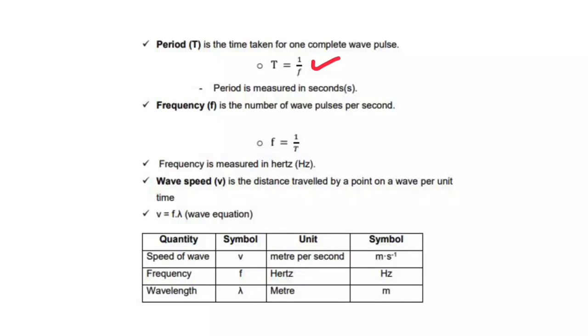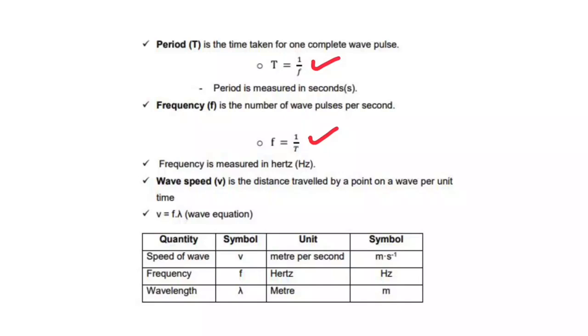And then frequency is the number of wave pulses per second. And it is denoted by F, where the frequency is equal to 1 divided by the period. So if you have the frequency, you can find the period. And if you have the period, you can find the frequency. The SI unit for frequency is Hertz.